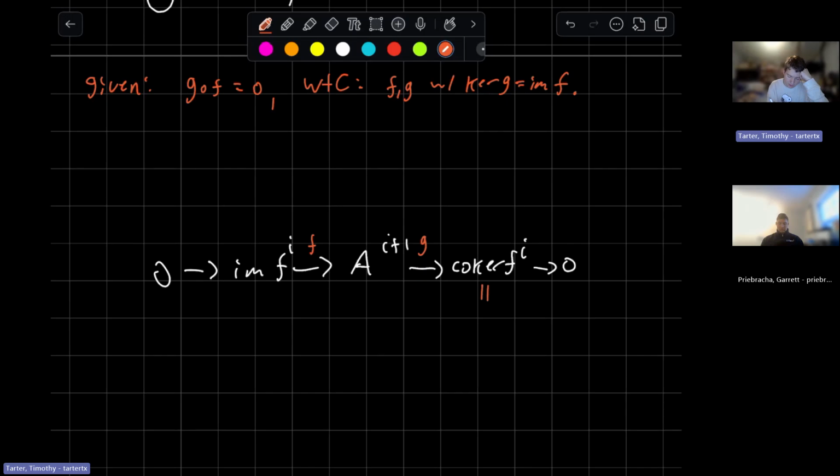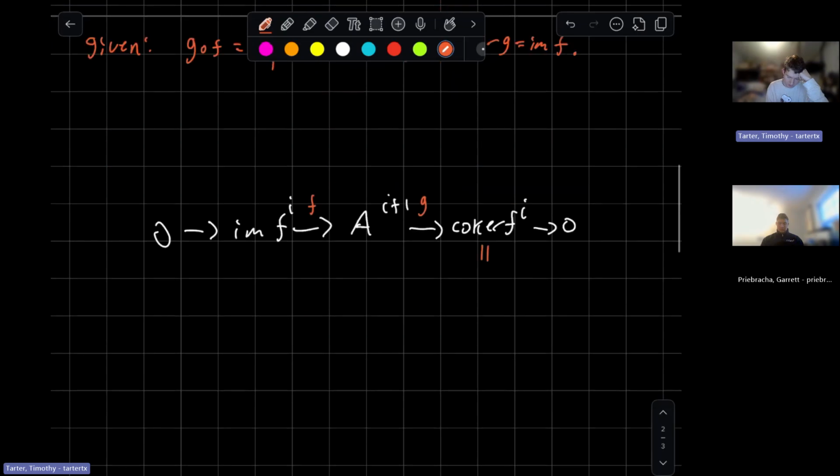Well, coker of F_i is equal to the codomain of F_i, which is A_{i+1} mod im F_i. And so this is literally just the definition. Oh, that makes a lot of sense. Okay.